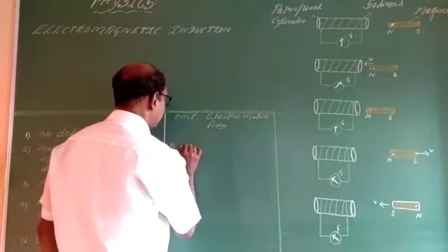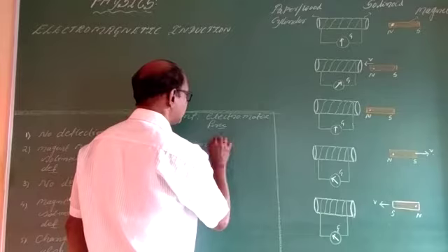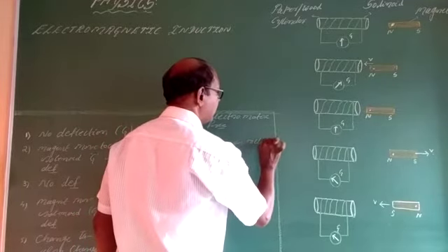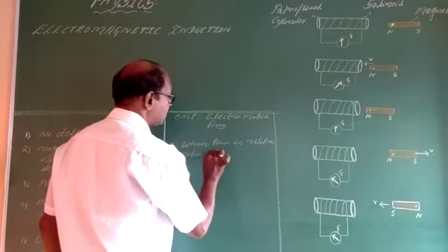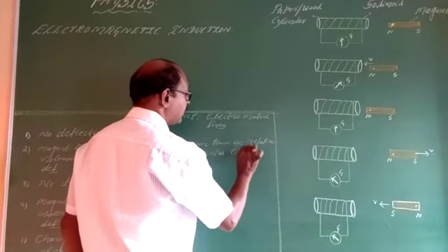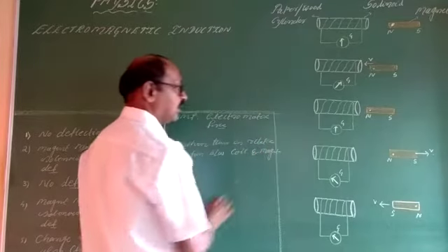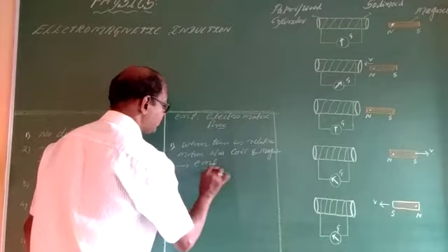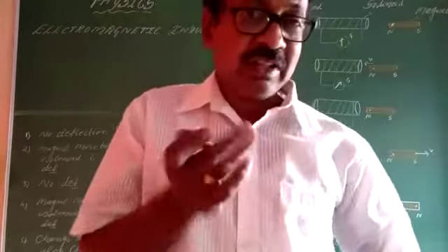When there is relative motion between coil and magnet, there is an EMF produced in the coil, in the conductor.